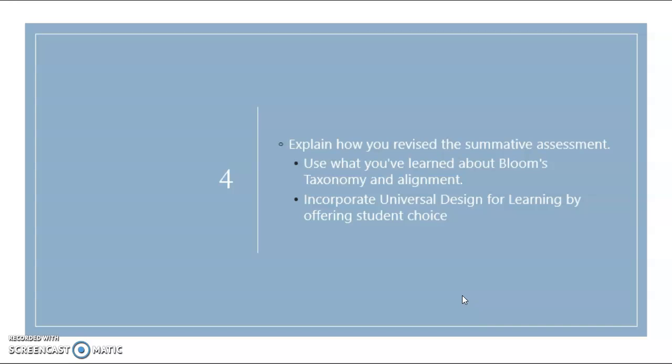So instead of just identifying a word, I want them to actually be able to create a financial statement. By doing that, they're going to be able to demonstrate their knowledge of each of the financial steps that have to occur to get to that financial statement, whether it's an income statement or a balance sheet.